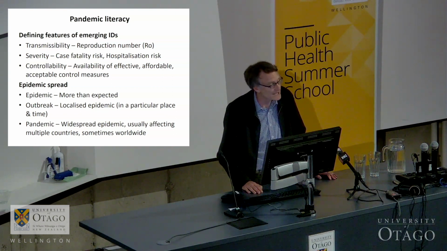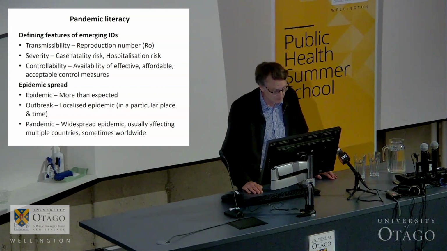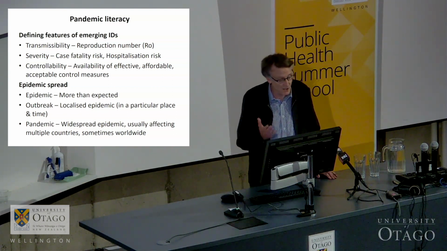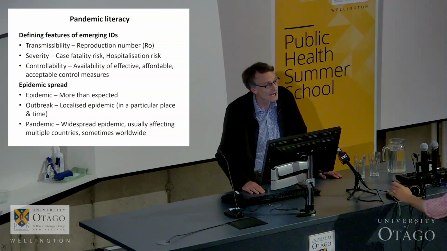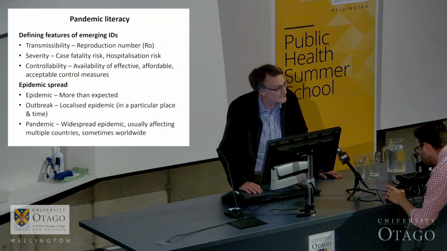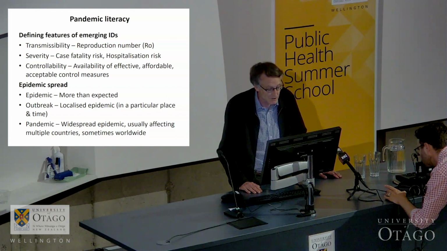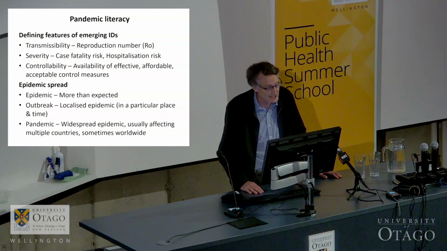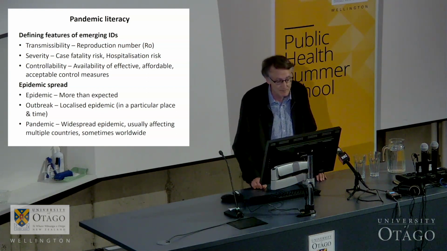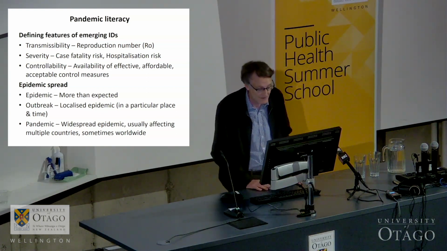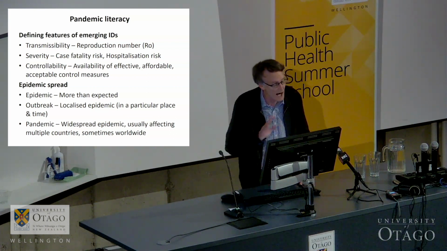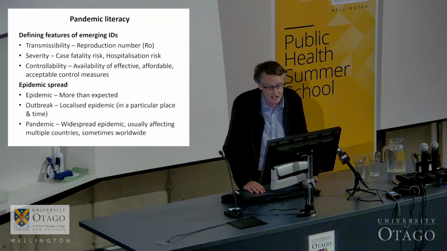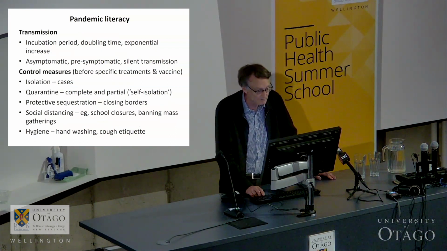In terms of epidemic spread, there are the key terms of what is an epidemic, which is a disease occurring at more than expected levels. Outbreaks, which are really localised epidemics in a particular place and time. And a pandemic, which refers to widespread epidemic occurrence, usually affecting multiple countries and sometimes worldwide.